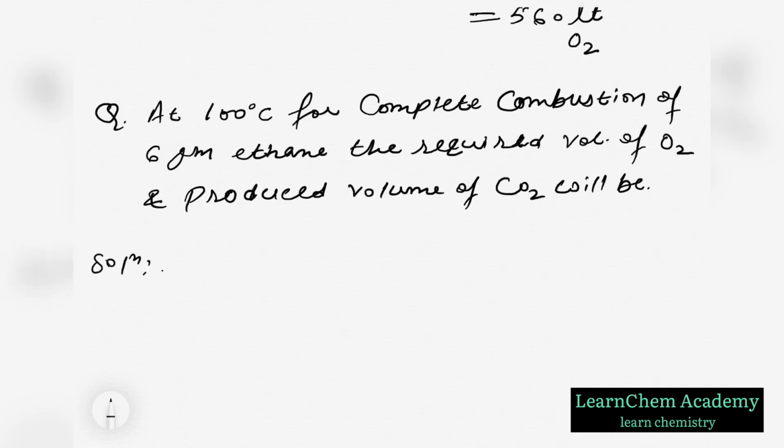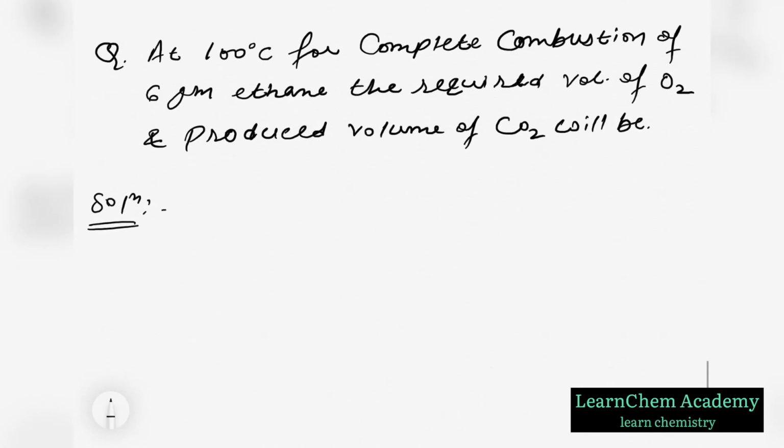So in this question, at 100 degrees centigrade, for complete combustion of 6 gram of ethane, we need the required volume of O2 and the produced volume of CO2.